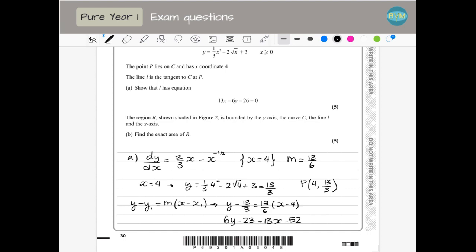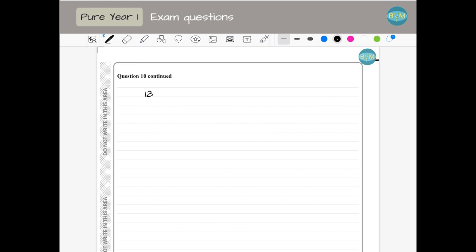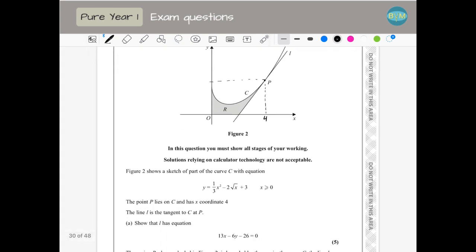I rearrange and I have this equation here. You see the 13 and the 6. So I can just rearrange: 13x minus 6y minus 26 is 0. So this is the first part. This is A.